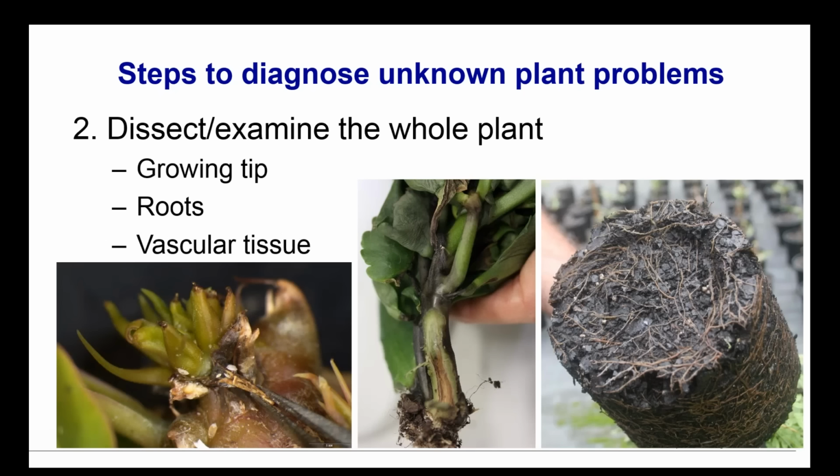So the next thing to do, in my opinion, is to look at the plants closely. When you start to see a symptom, look at it closely. Look at the growing tip. Sometimes you can have very small insects or mites present in those crops, and with a hand lens you just don't see them.